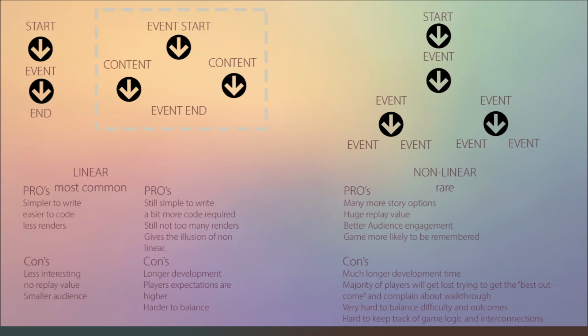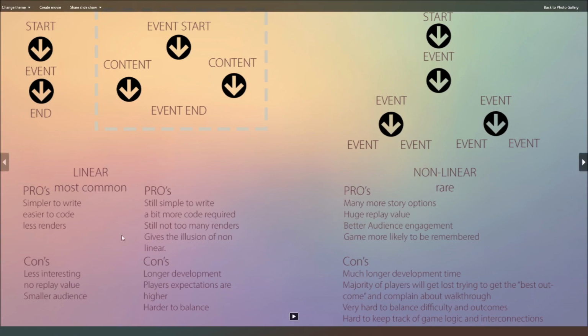Ideally though, you'd have an understanding of the different types of game, and ultimately they boil down to two types. You have linear and you have non-linear. There are different types of linear gameplay, but non-linear is essentially where each choice you make, or a number of choices you make, result in a different chain of events, which would ultimately lead to different endings.